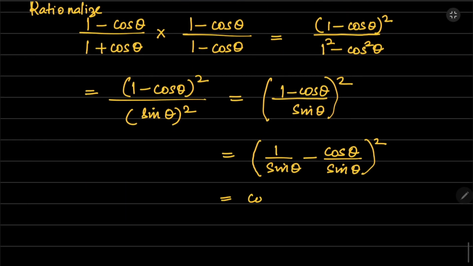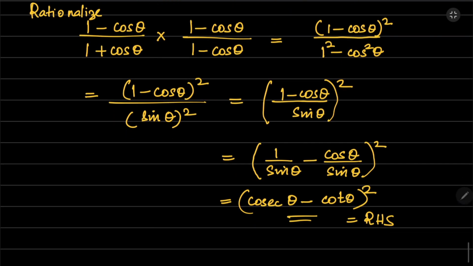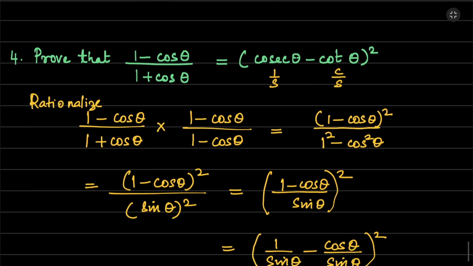It is cosecant. So (cosecant theta minus cos over sine, which is cot theta) the whole square is your RHS. This is equal to your RHS. So hence proved. Okay. Let's move on to the next question.